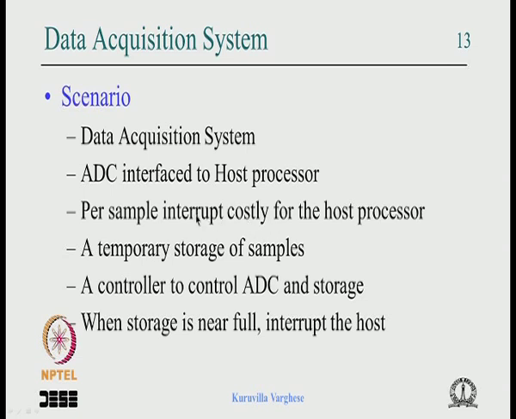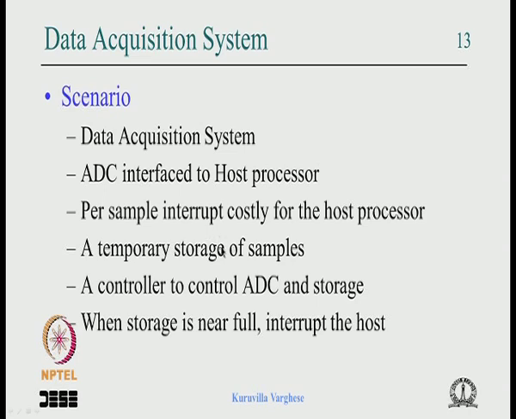But we are assuming that this particular processor is used in an embedded system, and the processor is working on many things. Now if the ADC acquires a sample and interrupts the processor every now and then, like suppose it is a 12-bit ADC, every time one sample or a few samples are acquired, if the processor is interrupted, then everything slows down.